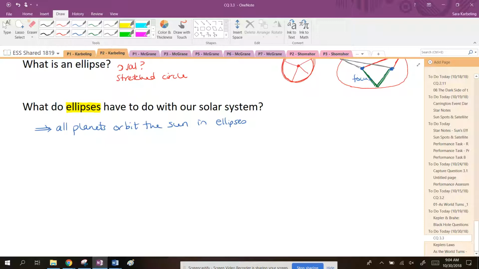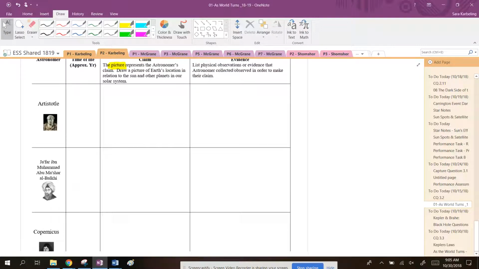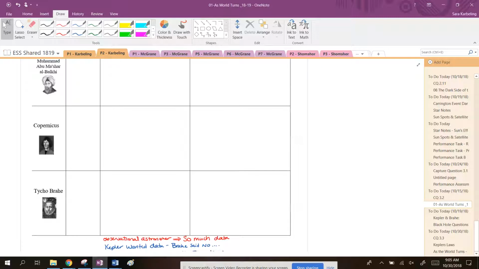Well, that's good for us, right? That's good for us because now Kepler was able to tell us that everything moves in an ellipse. Prior to Kepler, if you look at the front of your As the Worlds Turn sheet, at all those people you wrote down on this first page, Aristotle, Jafar ibn Muhammad, Copernicus, Brahe, whether the sun was at the center or the earth was at the center, they all believed that things moved in perfect what?